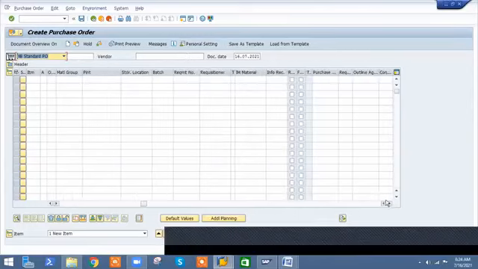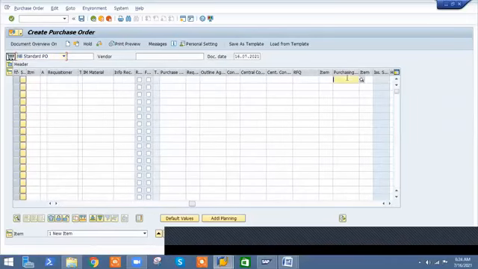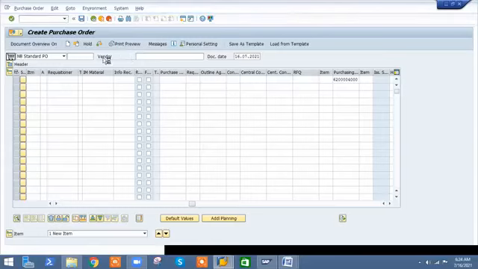Let's see here, just a second. Here I'm going to give one purchase order reference, and you'll understand what exactly is happening here. This is the vendor field, and you see the document date, meaning the current date.